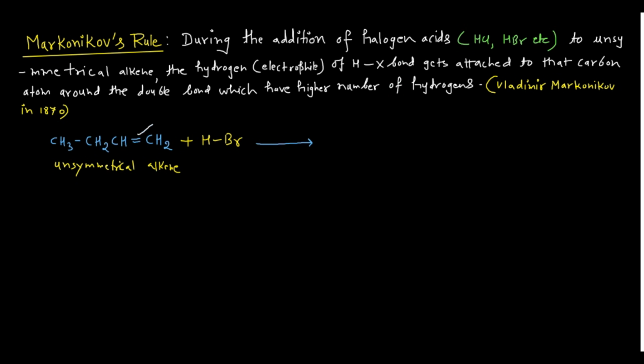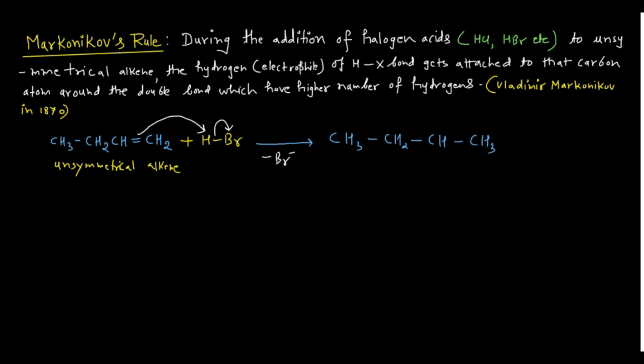Say this is pathway 1. This will attack onto this hydrogen, and this Br will be knocked out from here as Br negative. So what we end up with is CH3, CH2, then CH and then CH3.